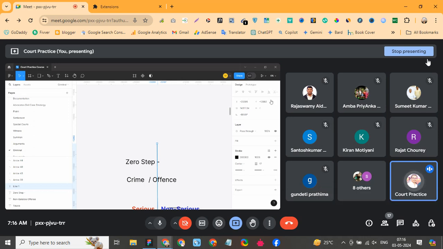So the zero stage part: zero stage means there should be some kind of crime or offense, but along with the same scenario, we have to remember the distribution or the types of crime.